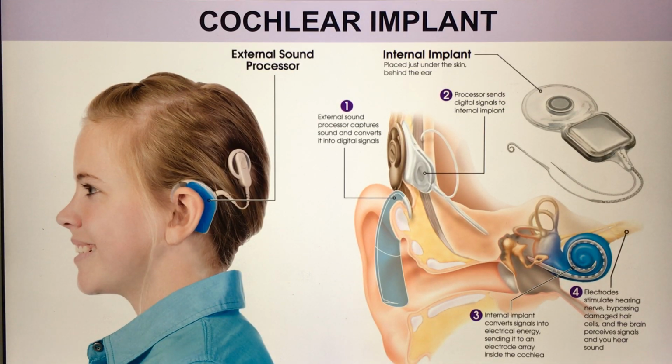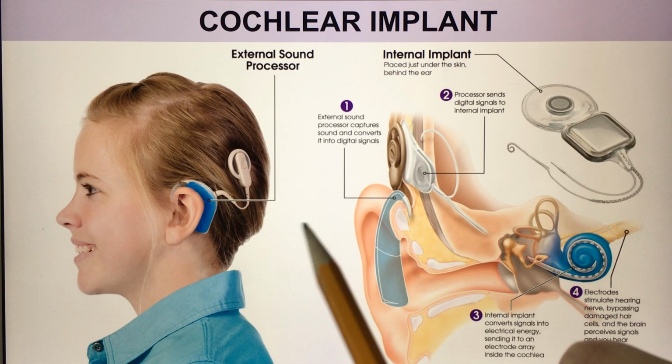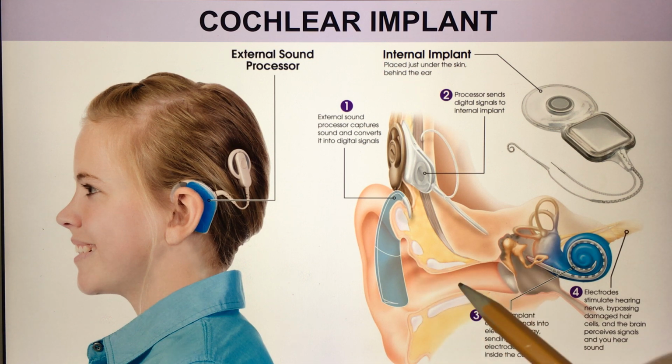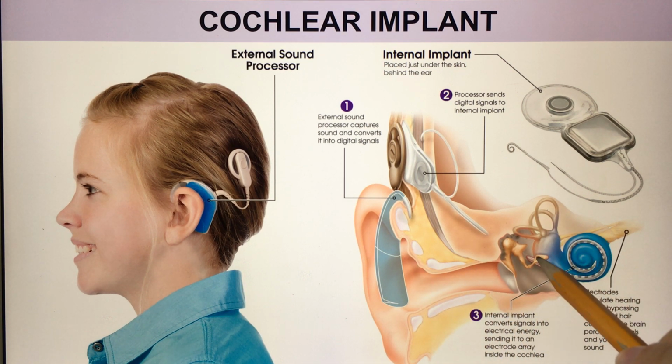So what it is, it's an actual implant. It's a surgical procedure to place an artificial cochlea into the middle ear, and that artificial cochlea contains an internal implant that converts signals into electrical energy that stimulates the cochlear nerve, and the brain perceives the signals, and the person can hear sound.